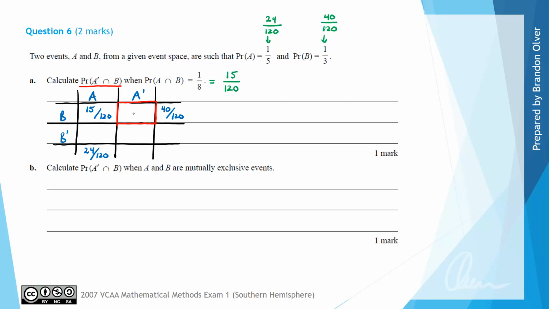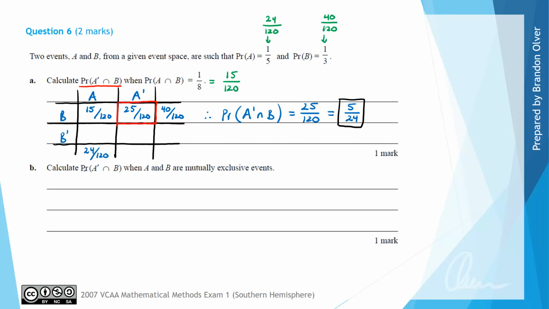What we need to do is find a number that adds to 15 over 120 to give 40 over 120, and that is 25 over 120. Therefore, the probability of A complement intersecting B is equal to 25 out of 120, which will simplify to 5 divided by 24. So that is the answer for part A.